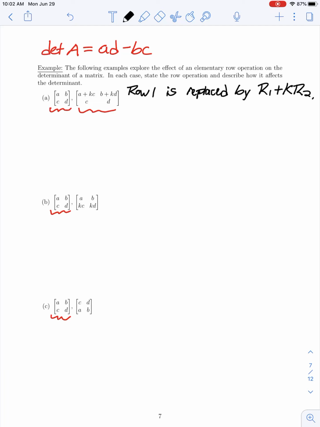So we're adding a constant multiple of row 2 to the first row. That was one of our elementary operations.